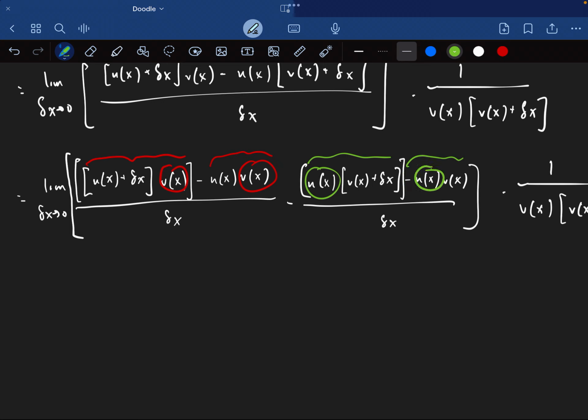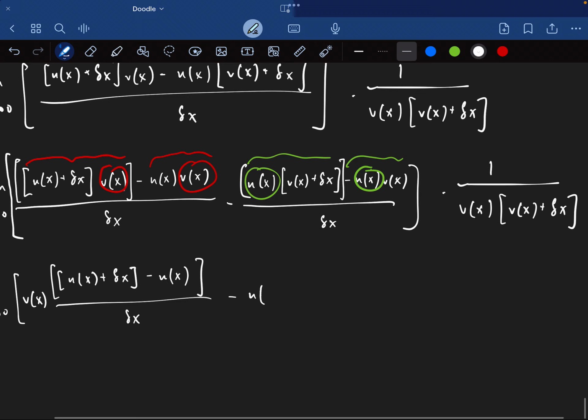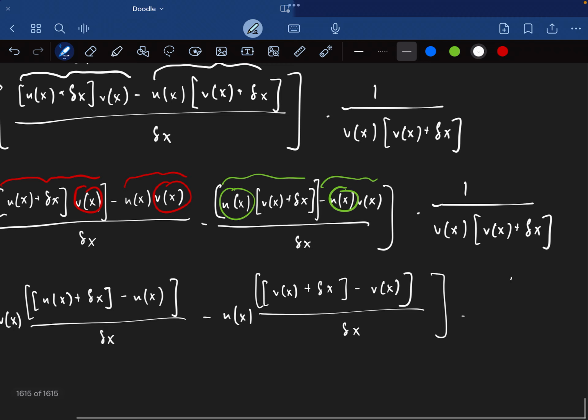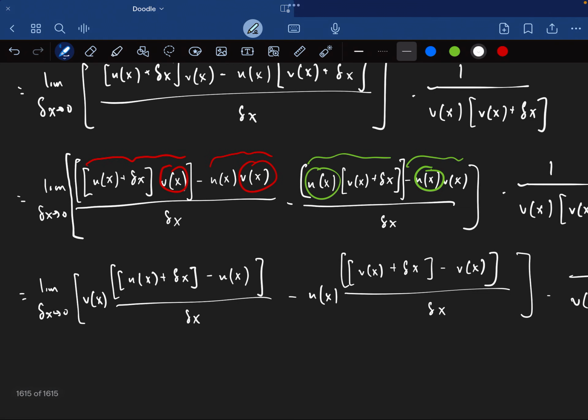So we can factorize them out into v(x) times [u(x plus delta x) minus u(x)] as such, over delta x. Right, so this thing is the same.